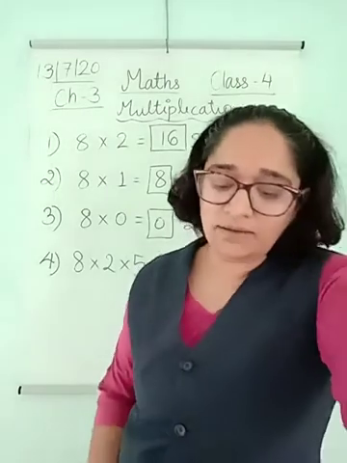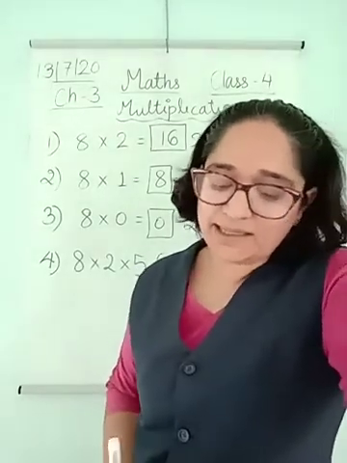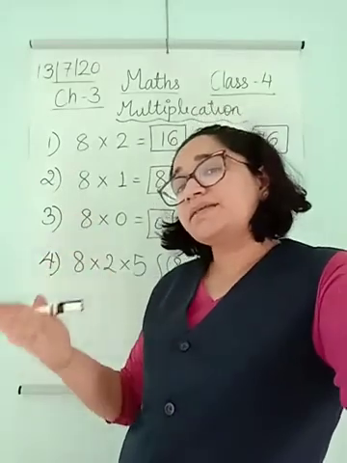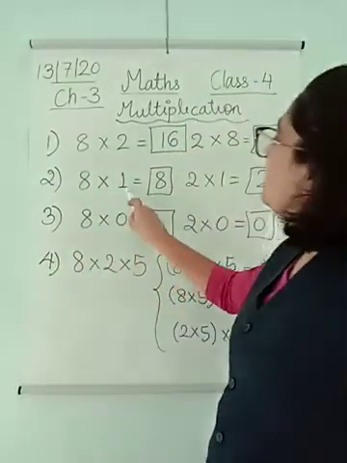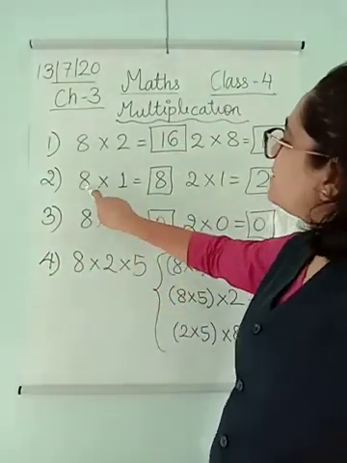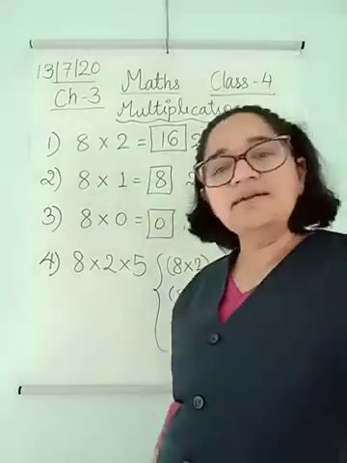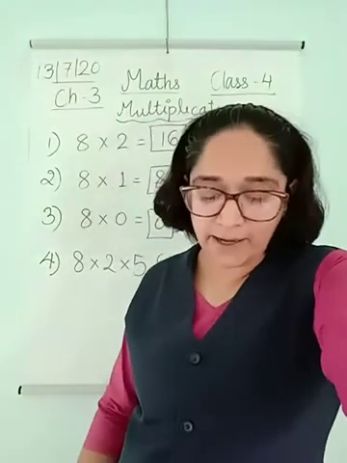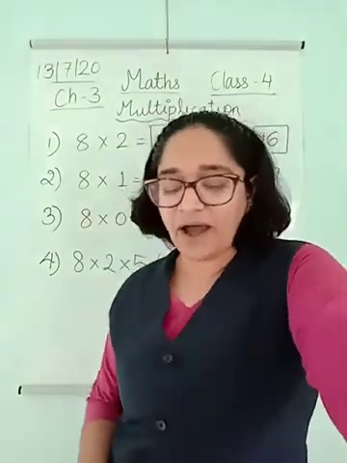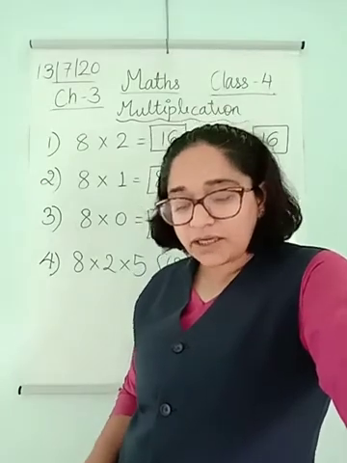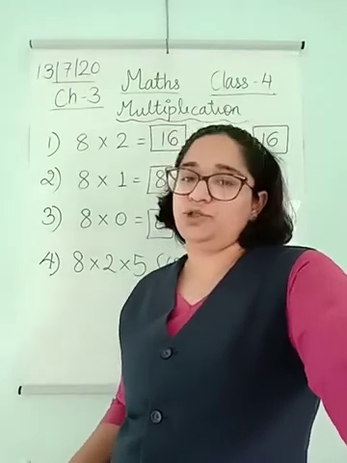Then next one, dash multiplied by 879 is equal to 879. When is my answer the same? When I multiply by 1. So 879 multiplied by 1 is 879. Next, 65 multiplied by 34 is equal to 34 multiplied by dash.